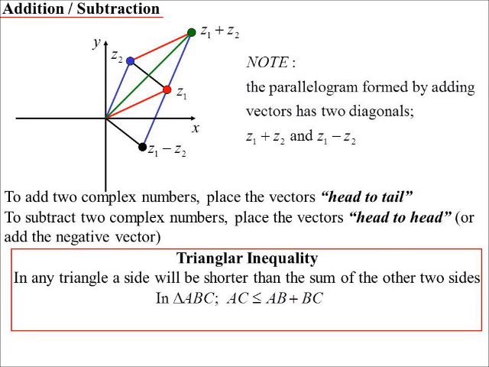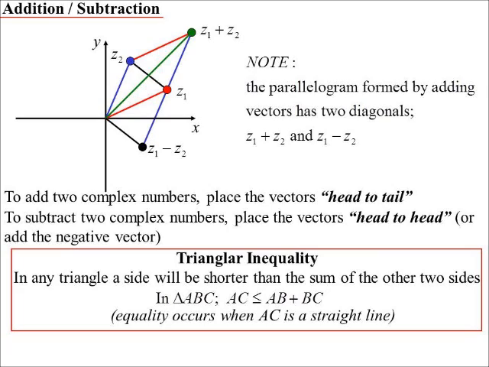So for triangle ABC, AC will always be less than or equal to AB plus BC. The equality will happen when they are all in a straight line, so that the distance from A to C is the same as the distance from A to B and then B to C.